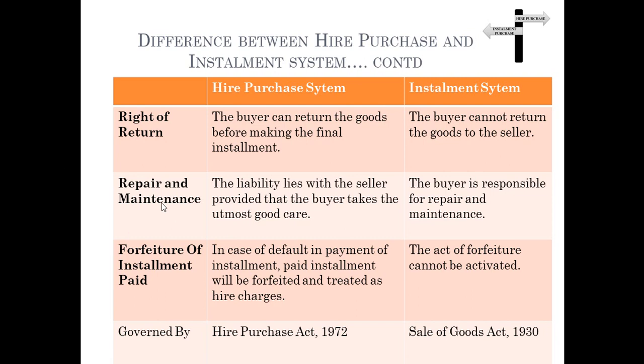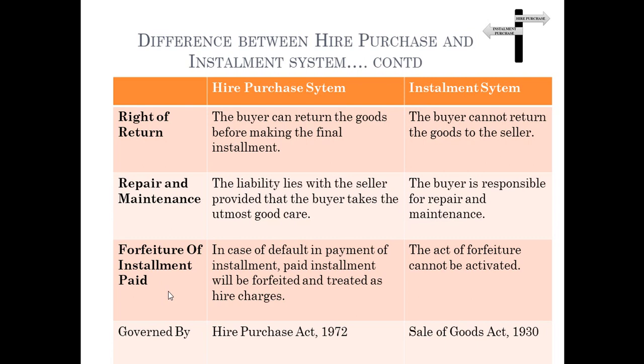When it comes to repairs and maintenance, as we have already discussed, in hire purchase the liability lies with the seller, provided that the buyer takes the utmost good care. But in case of installment system, the buyer is responsible for repairs and maintenance.